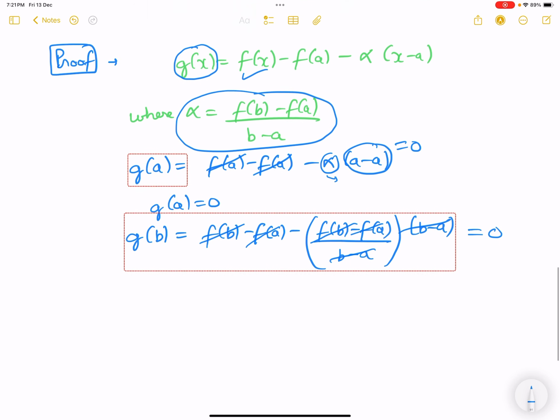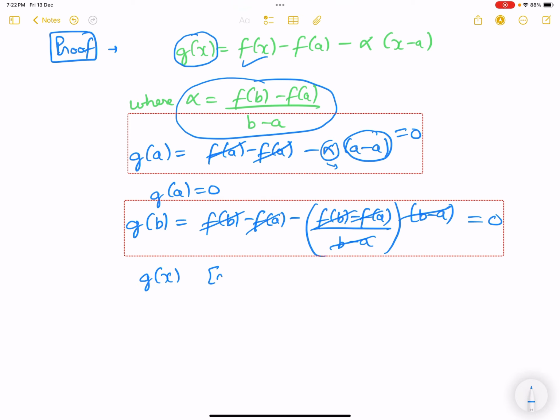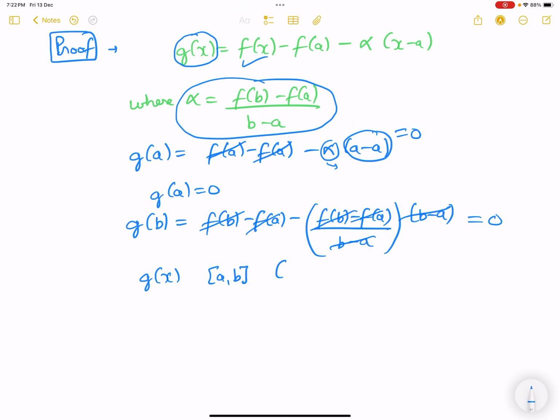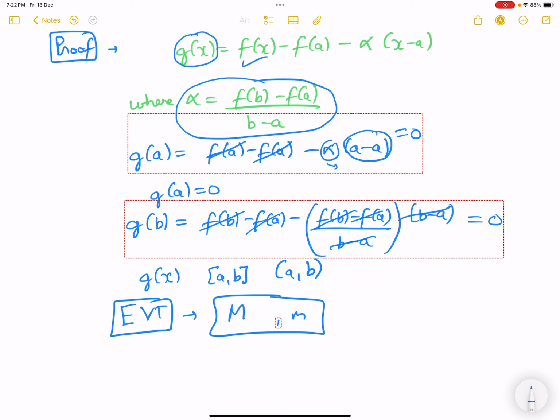Now since the function g(x) is continuous in the interval [a, b] and differentiable in the open interval (a, b), with the help of the extreme value theorem that we have already discussed in the above case, there would exist a maximum and a minimum value of this function in the interval [a, b].